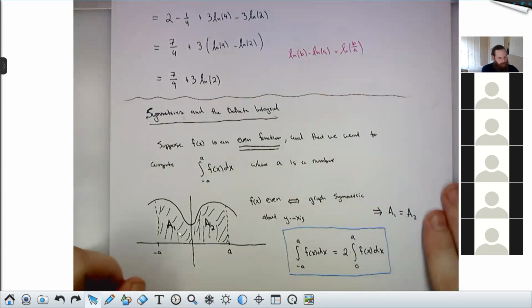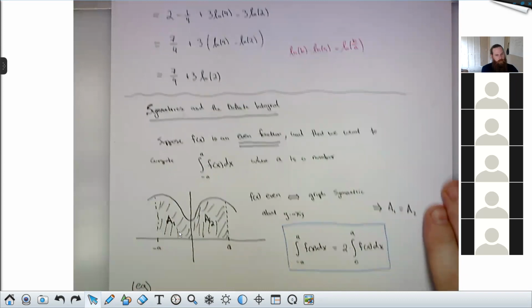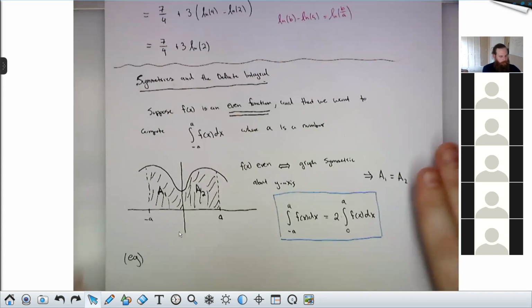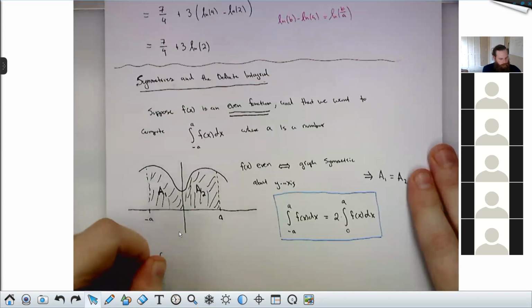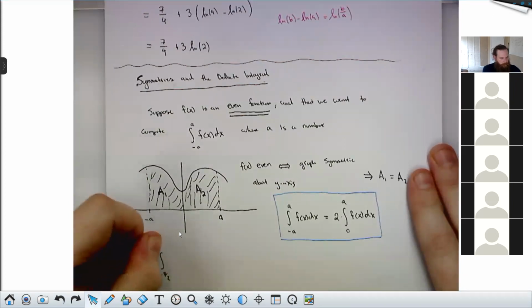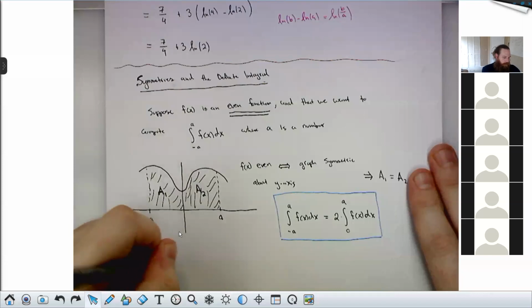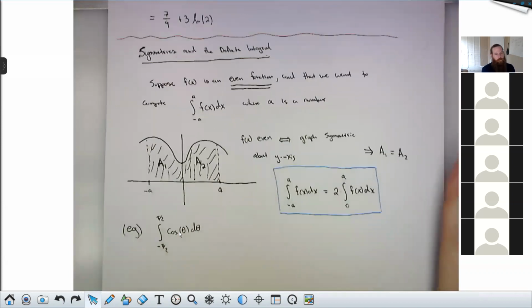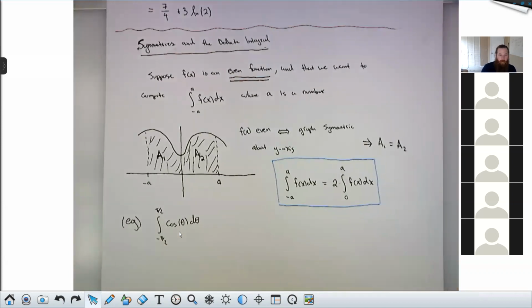For example, if I want to integrate from negative pi over 2 to pi over 2 the function cosine theta d theta, so here the variable would be theta rather than x, but it's the same thing.